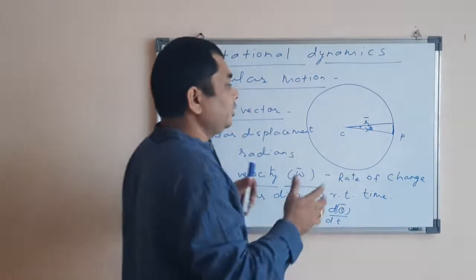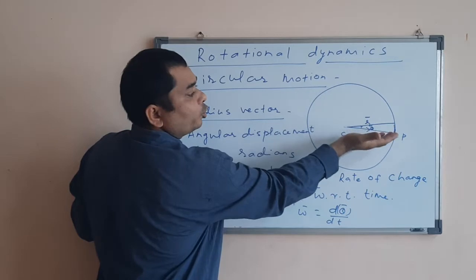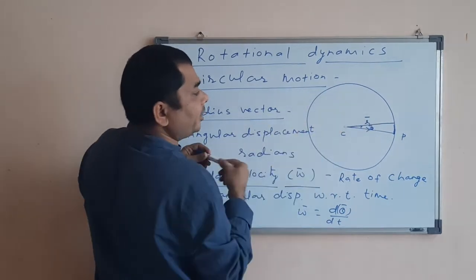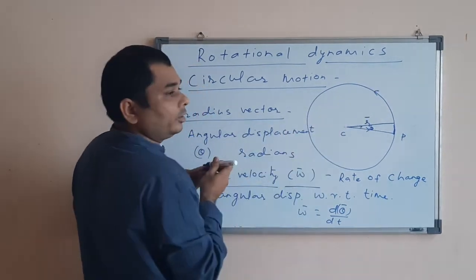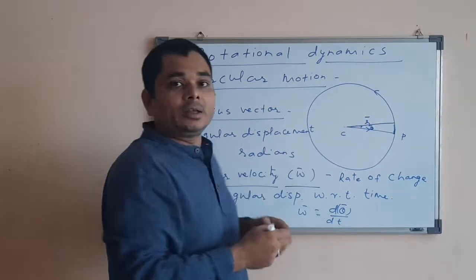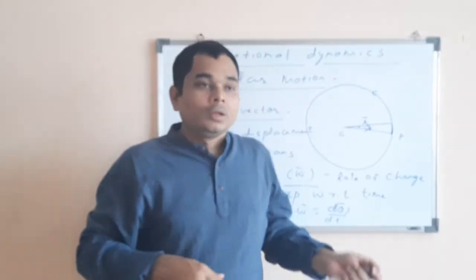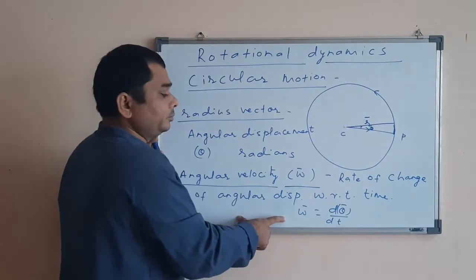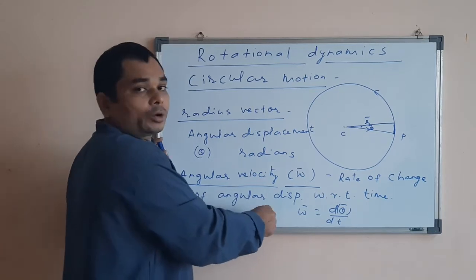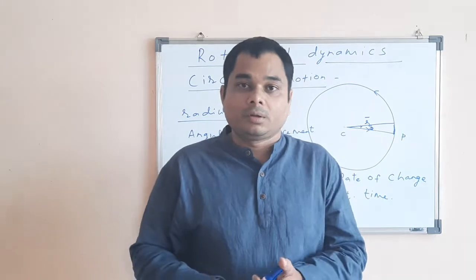The rule says we have to curl the fingers of our right hand in the direction of motion of the particle. Suppose the particle is going in this direction, then we will curl the fingers in this direction. The thumb will point in the direction of angular velocity. This is called the right hand rule. So angular velocity is a vector quantity and its direction is determined by the right hand rule.